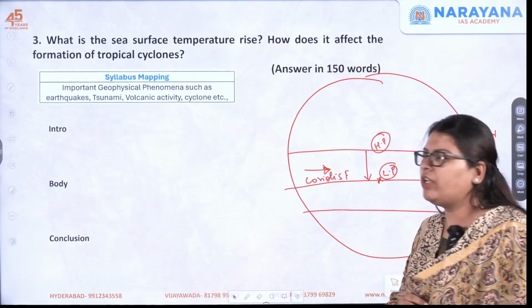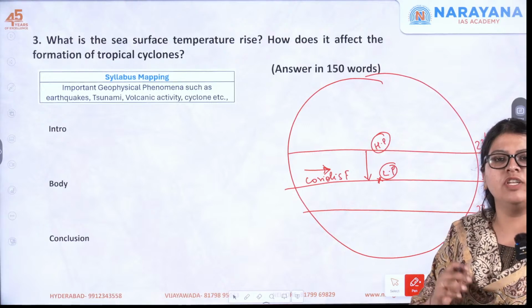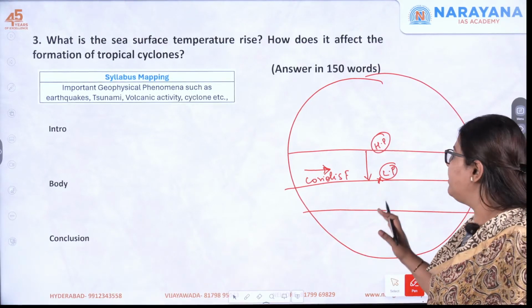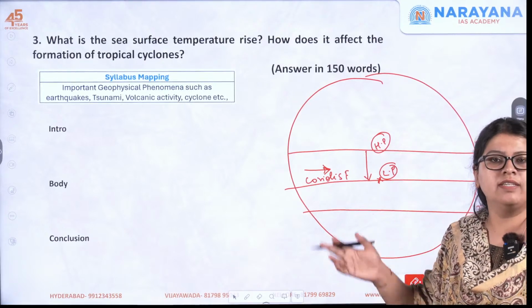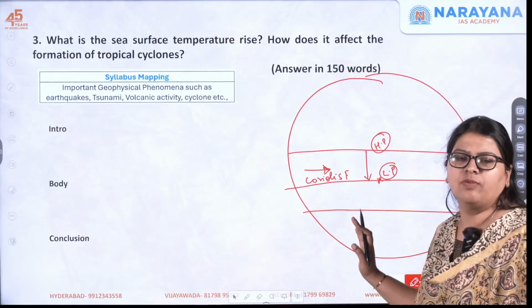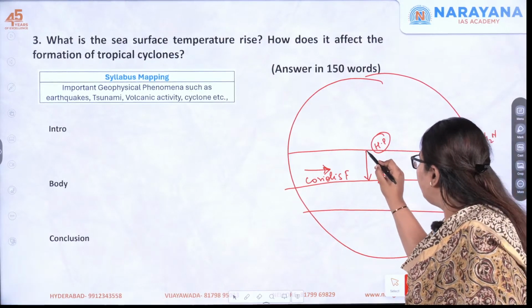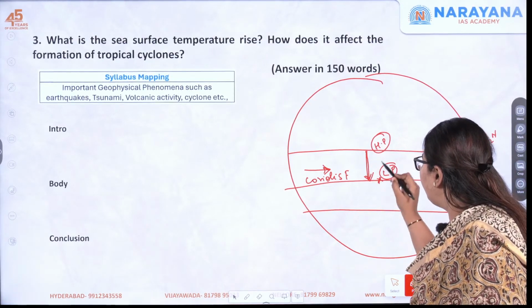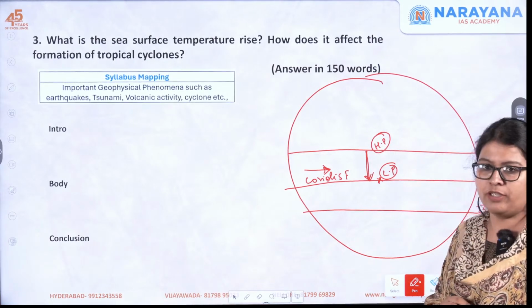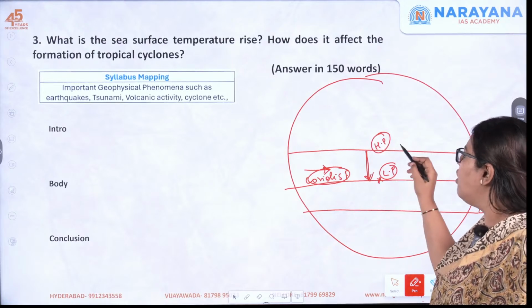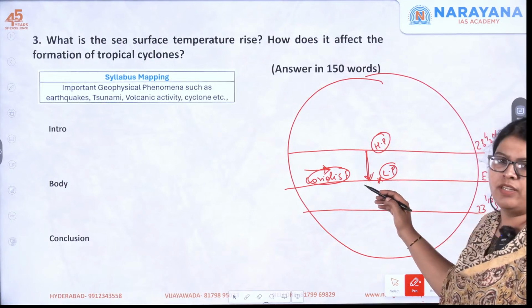So what is this Coriolis force? This is a force which causes the deflection of the winds. This deflection is towards the right in the northern hemisphere, and towards the left in the southern hemisphere. Here, this is the direction of the wind from high pressure to low pressure, and because of the Coriolis force, there is deflection of this wind towards the right.